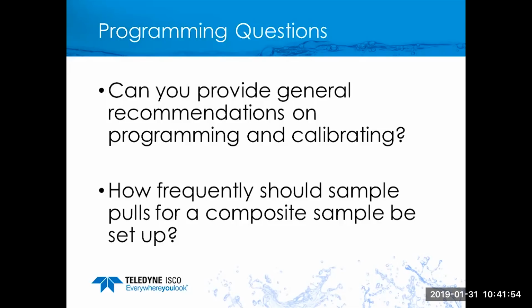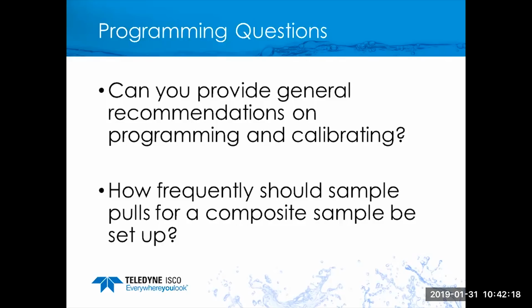Well, that necessitates knowing what your targets are that you're working around for your average daily flow volume. It's also important to know, if there's a flow meter there, what type of flow signal is available. Is it a contact closure? Is it a voltage pulse? Is it a 4 to 20 milliamp signal?